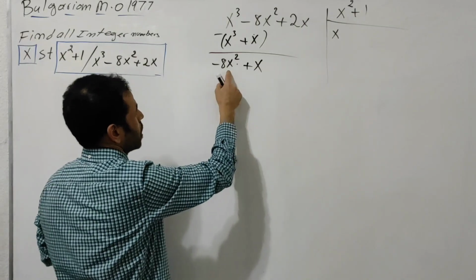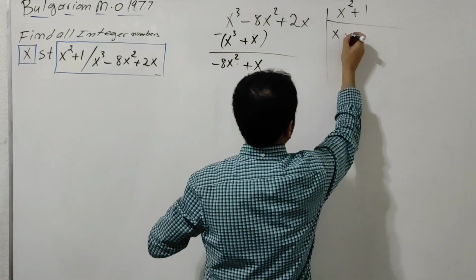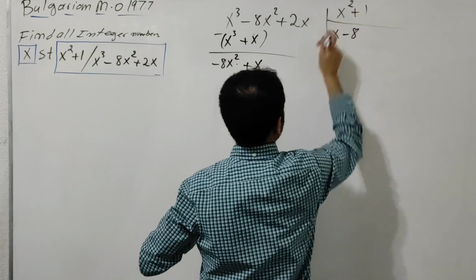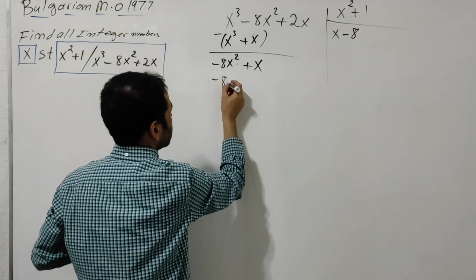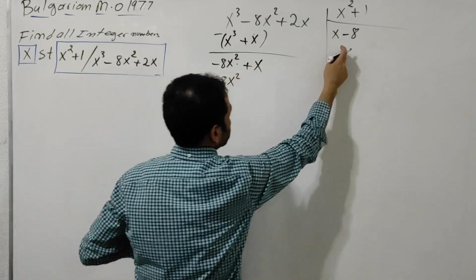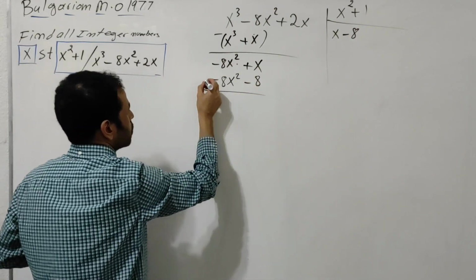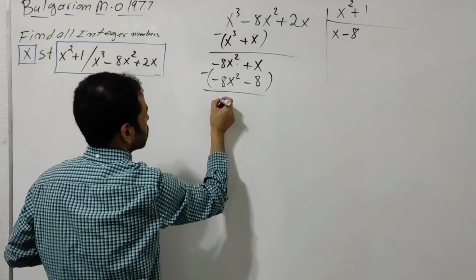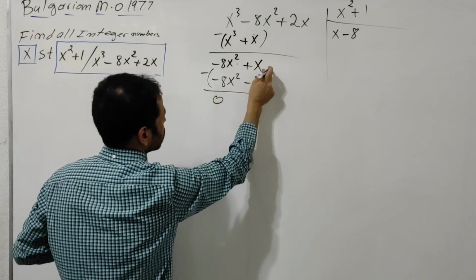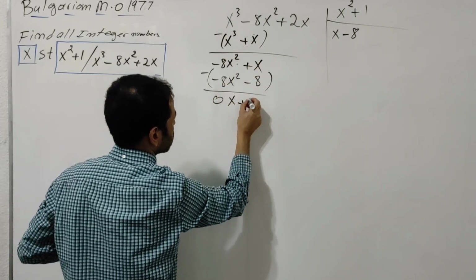So here minus 8x squared divided by x squared gives minus 8. Minus 8 multiplied by x squared gives minus 8x squared. Minus 8 multiplied by 1 gives minus 8. Taking the difference here, it gives 0, and this one gives x plus 8.